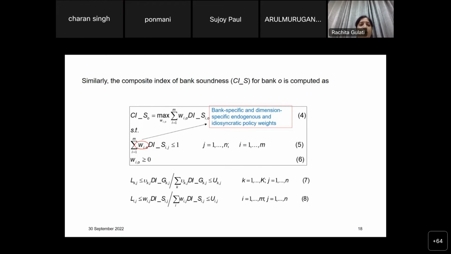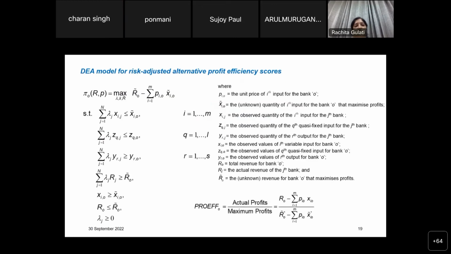For the computation of efficiency, the DEA-based model is used, and we have obtained the risk-adjusted alternative profit efficiency scores for the individual banks. The analysis is all based on bank-level data, and the computations for the governance index, soundness index, and efficiency are done at the bank level.